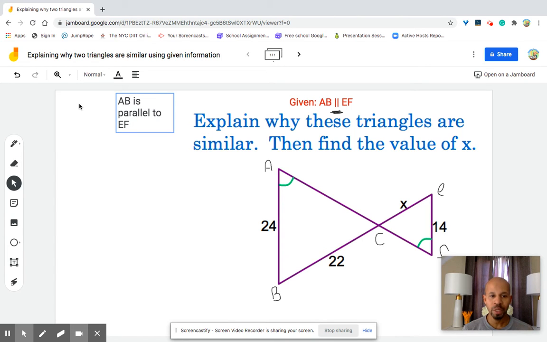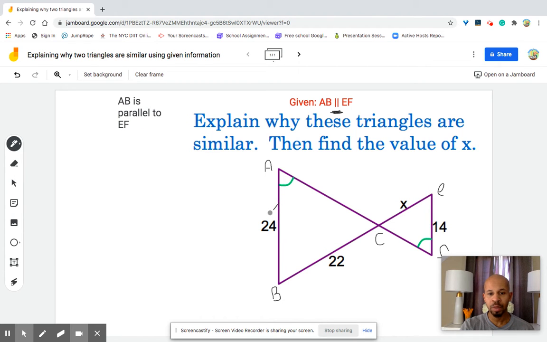All of those relationships come about as a result of two lines being parallel and cut by a transversal. So in this particular situation, we're told that AB, I'm going to put arrows here because this is how we denote that two lines are parallel, AB is parallel to EF. That's what we're told.